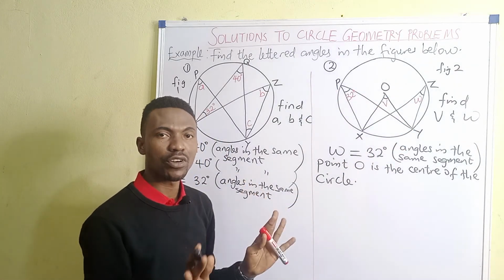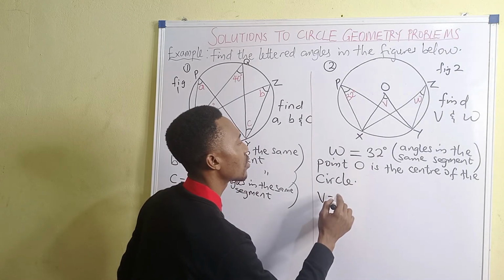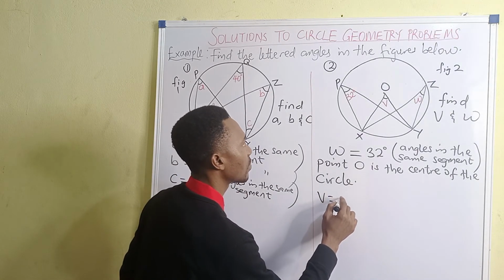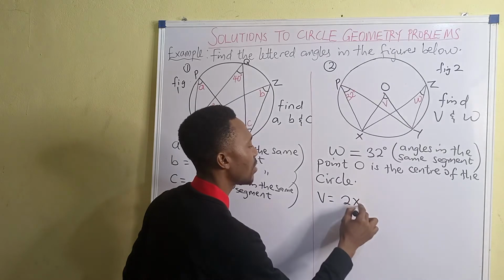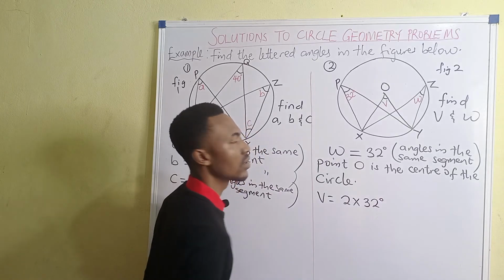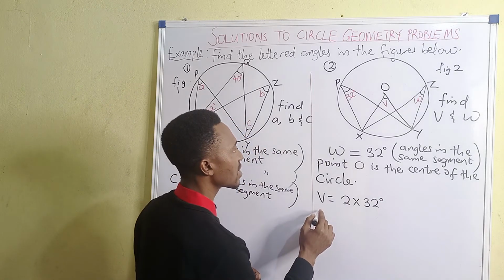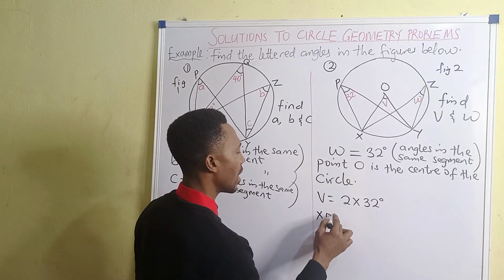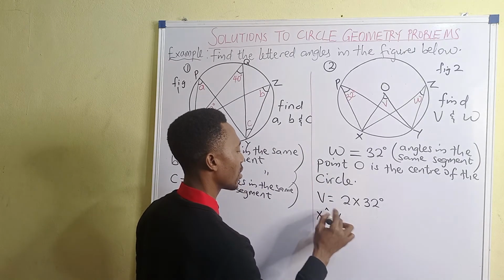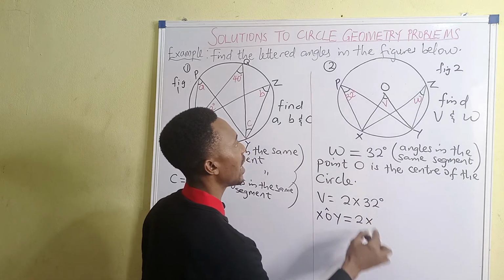So applying that theorem straight away, we can see that V is equal to what? 2 times 32 degrees. Or you can say that XOY is equal to 2 times XPY.